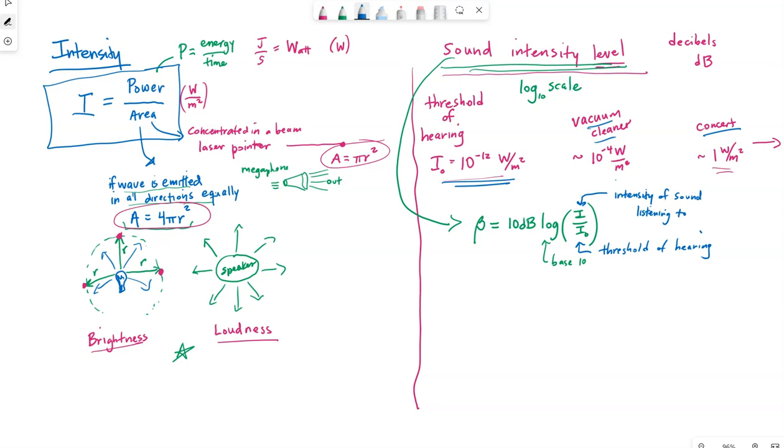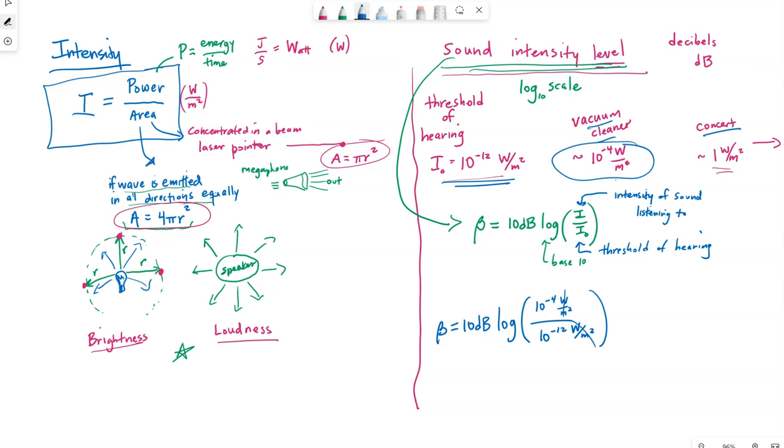So let's take this value that I estimated for our vacuum cleaner. We can find the sound intensity level by plugging in that 10 to the negative 4 watts per meter squared. The threshold of hearing is always the 10 to the negative 12.